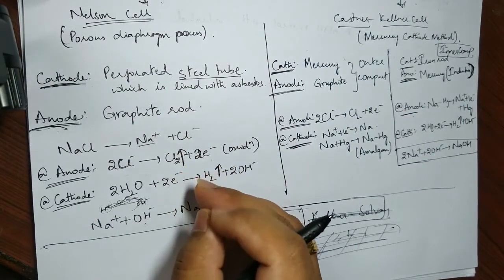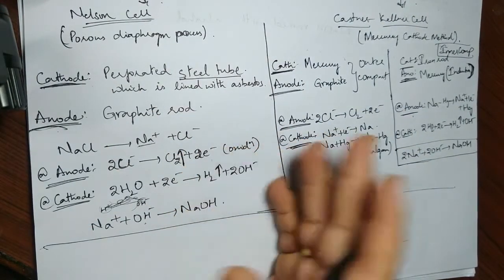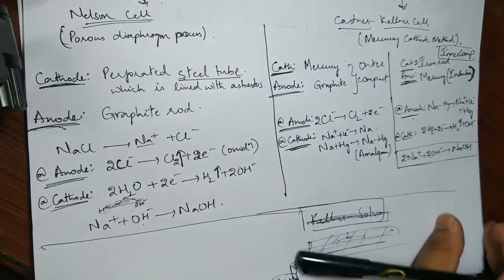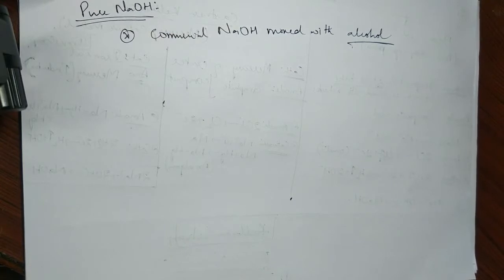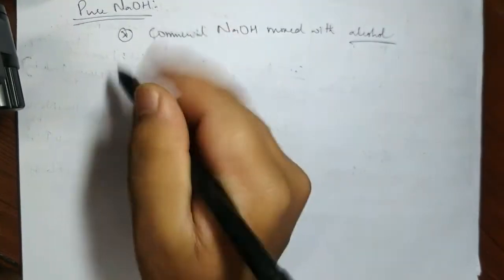So if I treat that commercial NaOH with alcohol, impurities such as sodium chloride, sodium sulfate, potassium chloride, calcium carbonate do not dissolve.